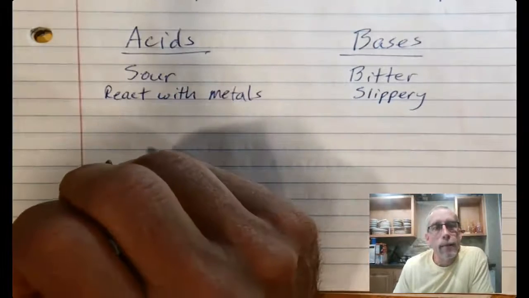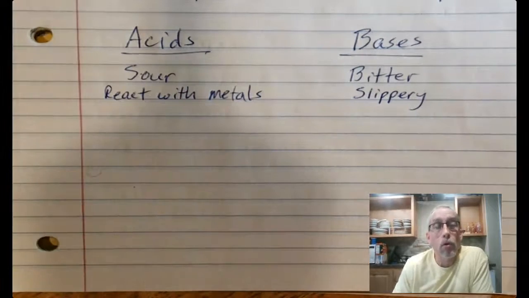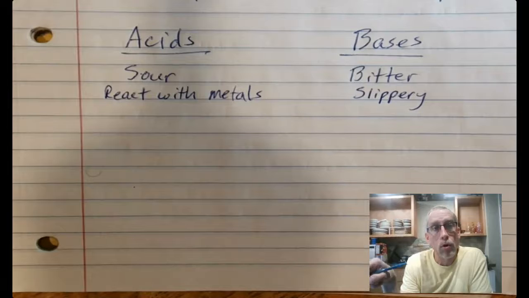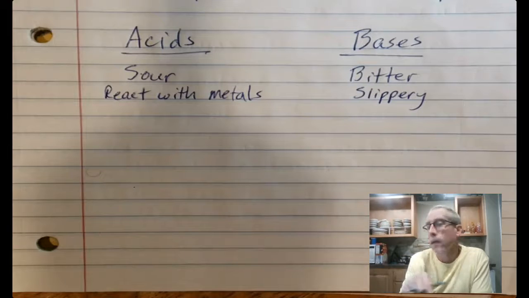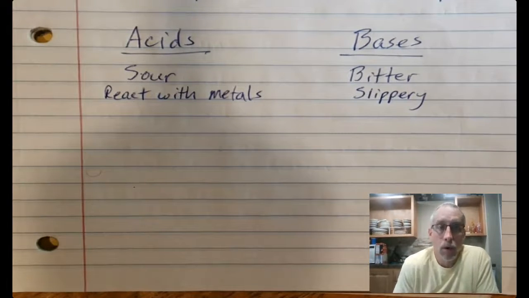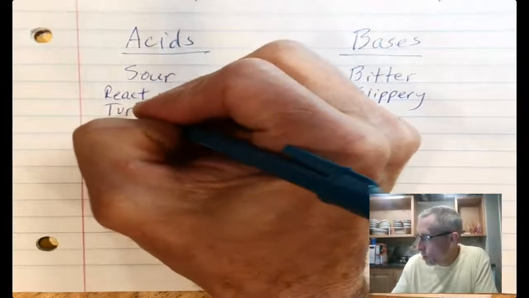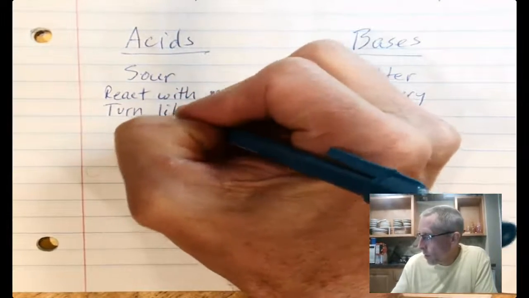There is a kind of chemical known as an indicator. I wish we were at school, because I could show you that if you put a drop of an indicator in an acid or a base, it will turn a different color. One of the most common indicators is called litmus paper. I want you to know this. Acids will turn litmus, here's how you spell that.